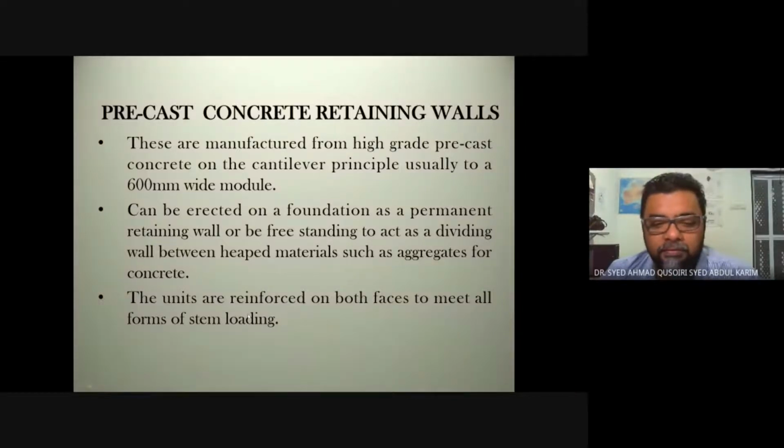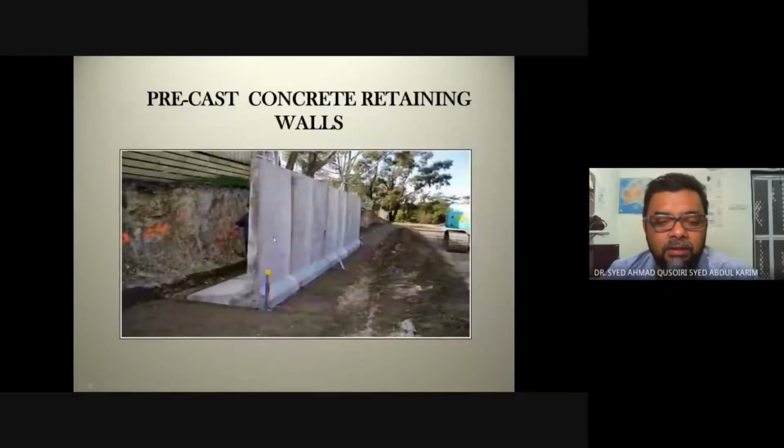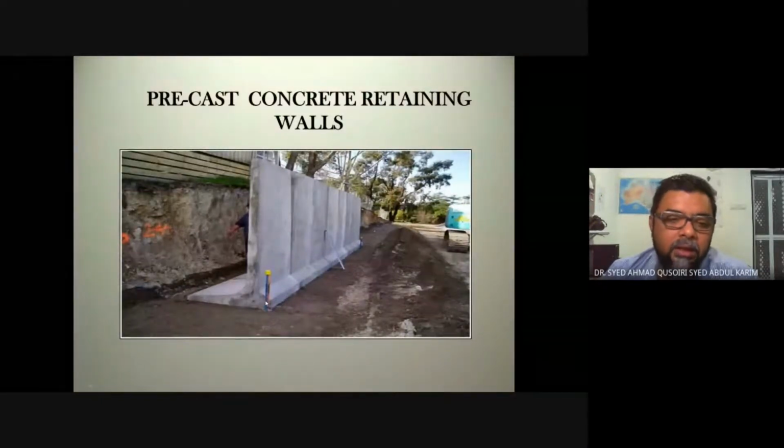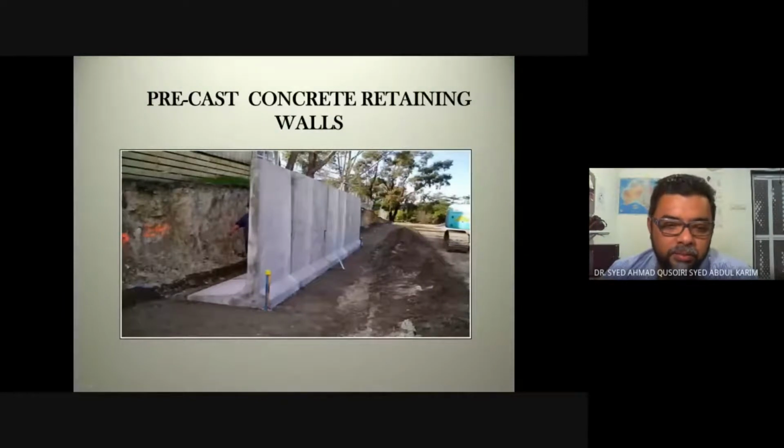So the units are reinforced on both faces to meet all forms of stem loading. The reinforcement arrangement on this concrete retaining wall is elaborate, meaning that it has reinforcement at the back of the face of the wall and also reinforcement at the front face.